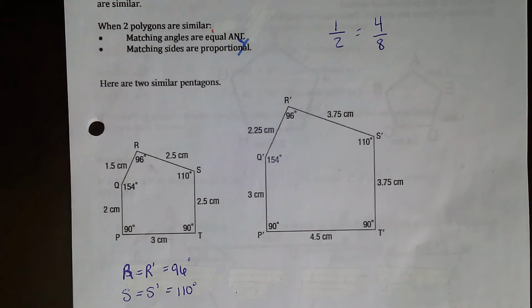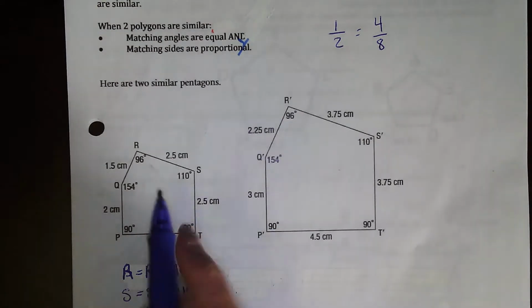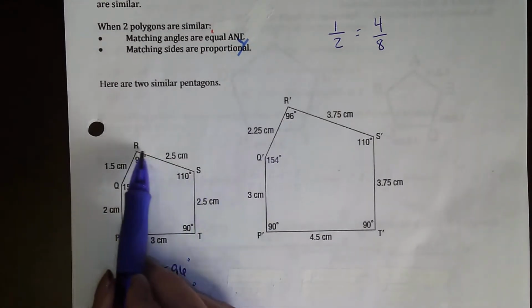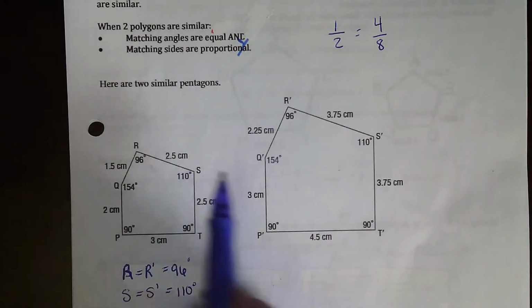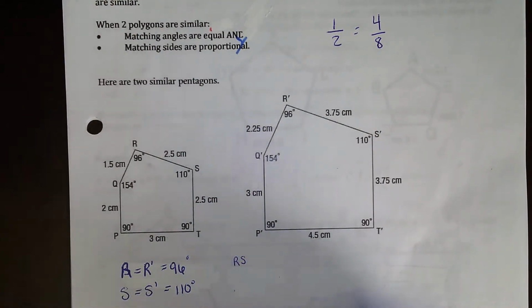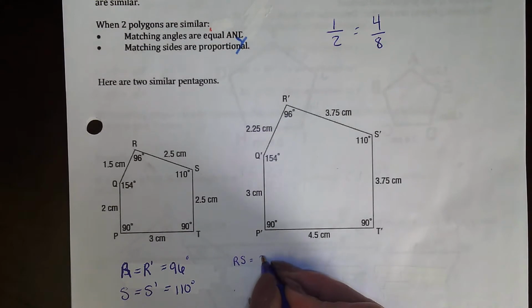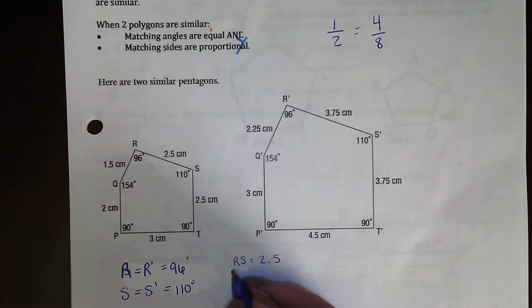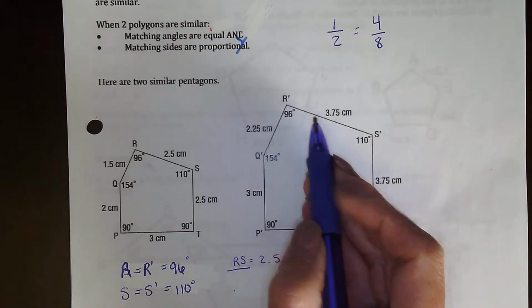Now the next thing that we do have to check is that matching sides are going to be proportional. So I'm going to go around and check to see if things are proportional. This side we would label RS, and that's 2.5.